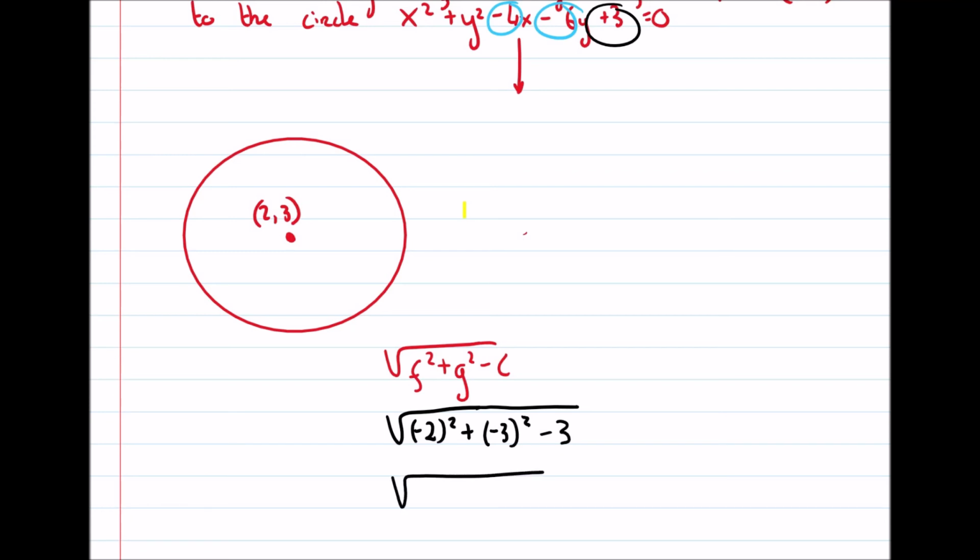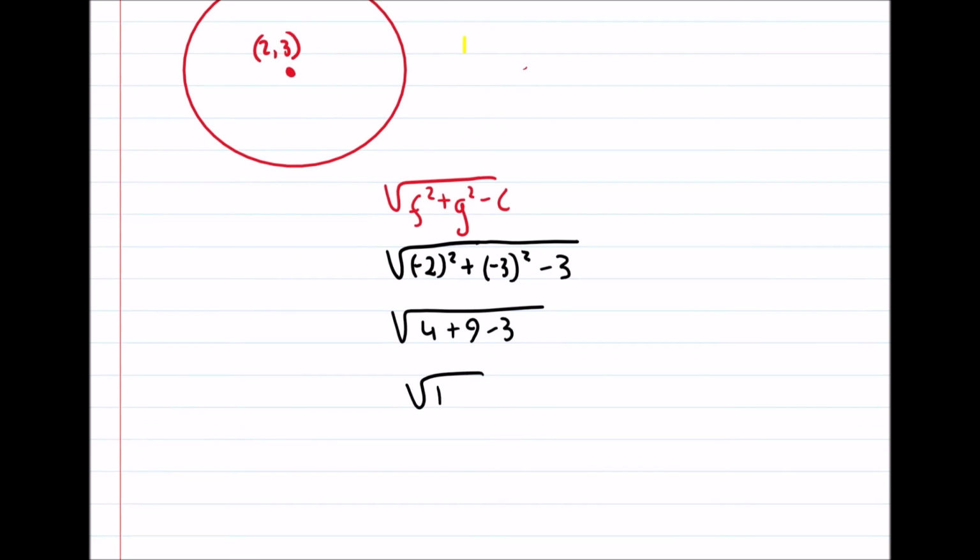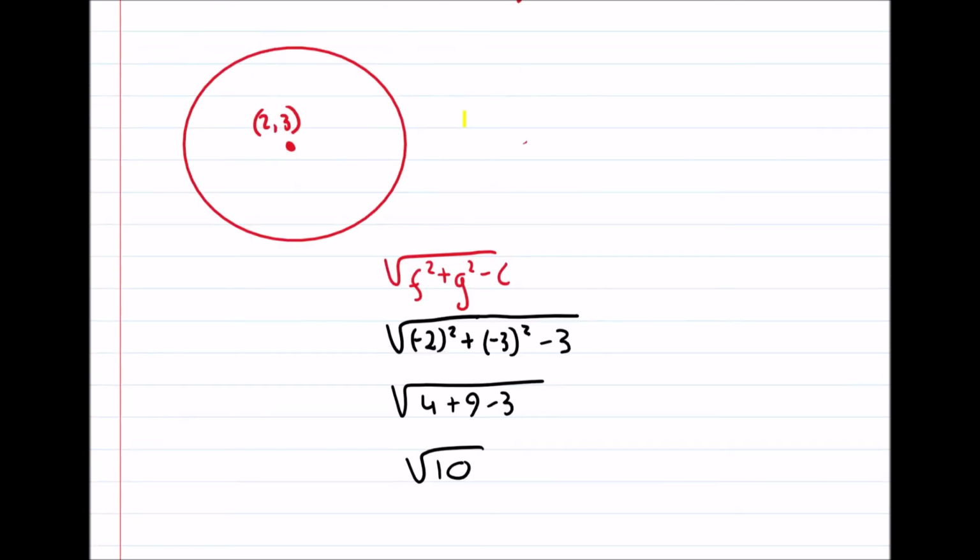So we will get minus 2 squared is 4 plus 9 minus 3, which is the square root of 10. So the radius equals square root of 10. Okay.